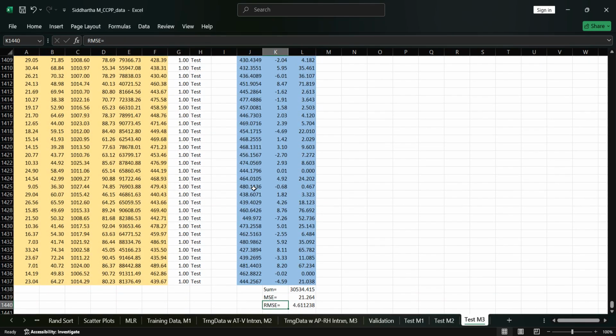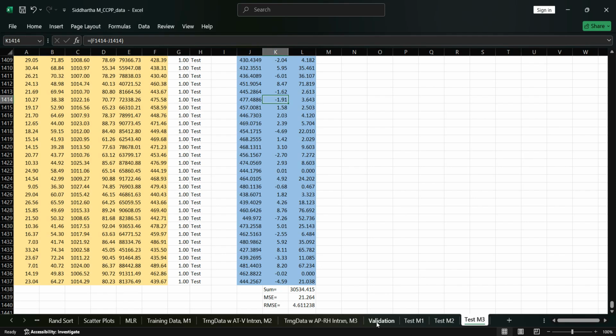So even on the test data, I can vouch that the environmental conditions are highly predictive of the electrical energy output, and there is a considerable relationship between the input variables and power generation.